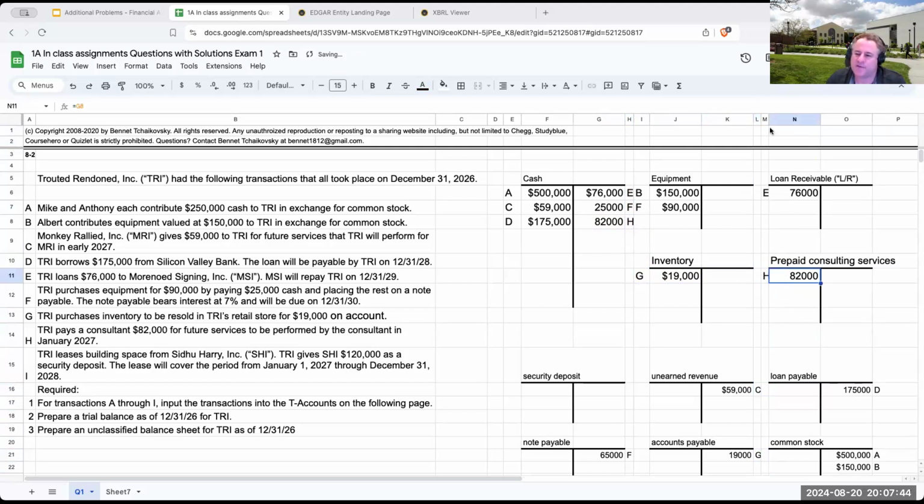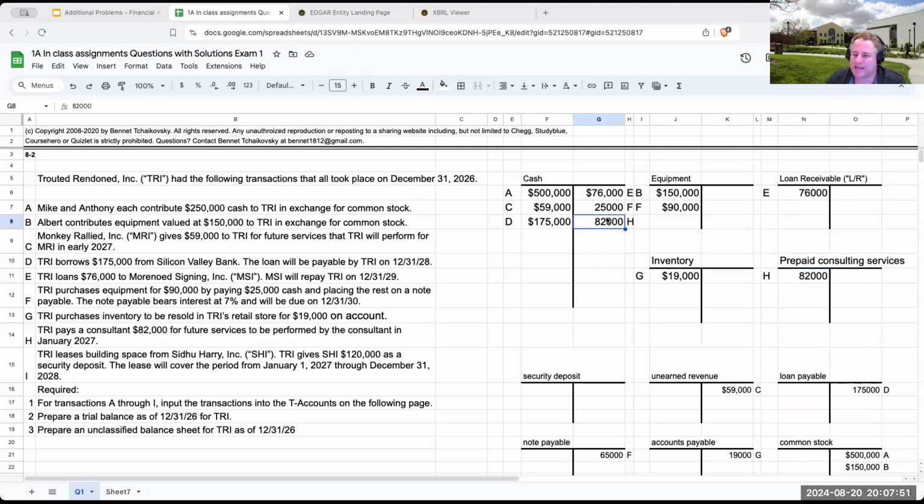This is an asset. They have to perform services for us. It's a future economic benefit. So we're going to show that as a debit. So my cash is going down when I pay for the services, but then they have to perform services for me in the future. Let's go to the last one.